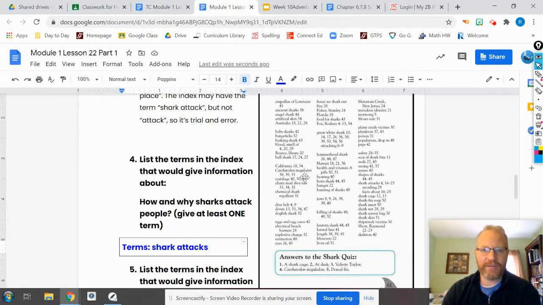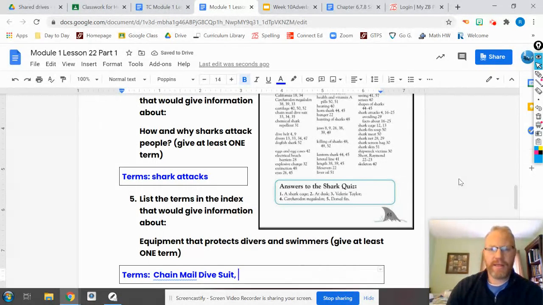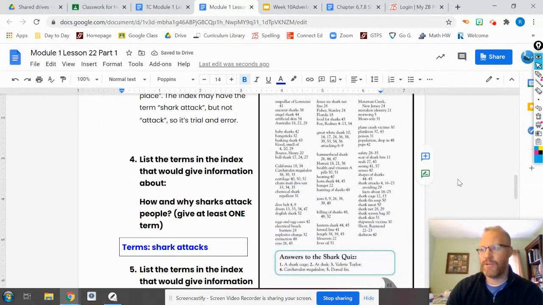Well, when we think back to our reading, the chain mail dive suit was one that was a protective suit that the divers would wear to keep themselves safe. Chain mail dive suit. That's a piece of equipment that divers use to keep them safe.